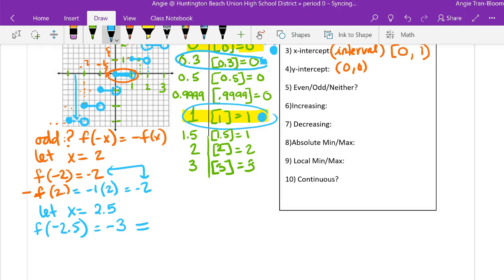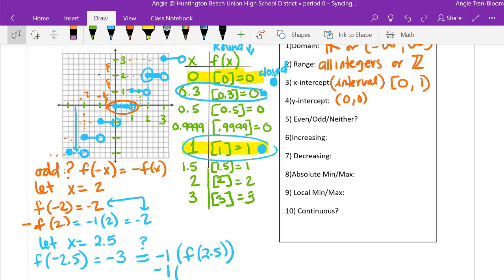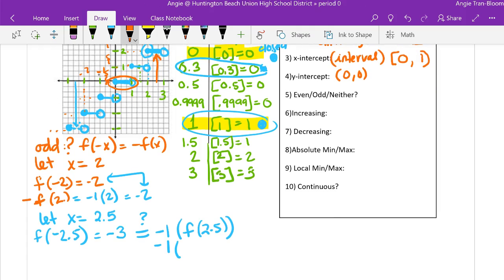Now, is that equal to, question mark, -1 times f(2.5)? Well, let's see, right? Negative 1 times, let's see what 2.5 is. 2.5 is right here, okay? When x is 2.5, the output is 2.